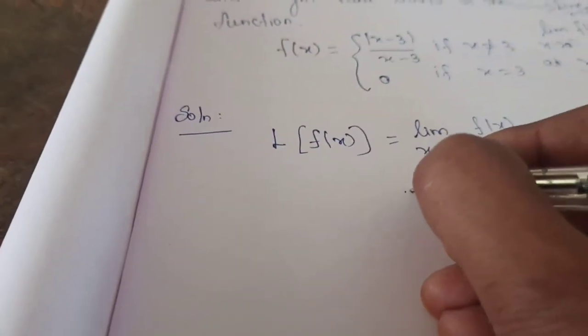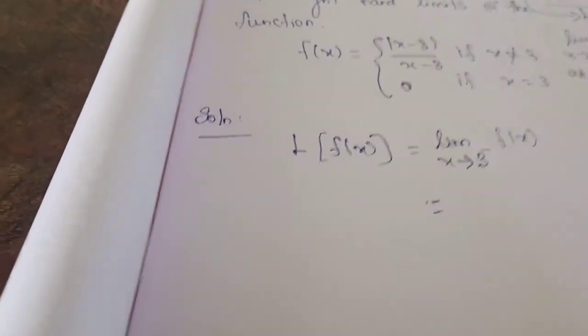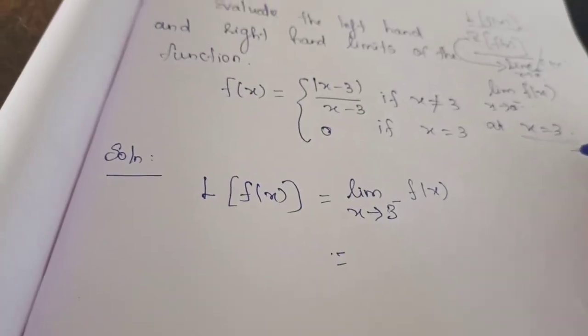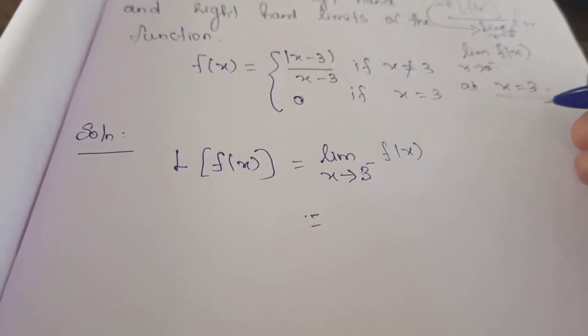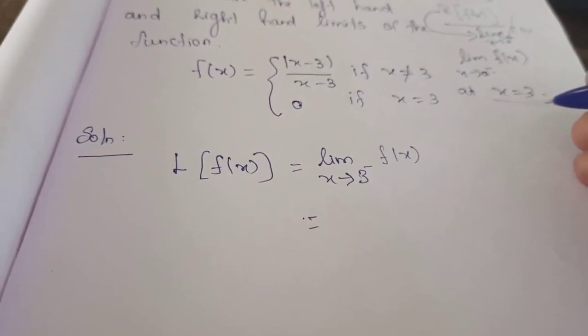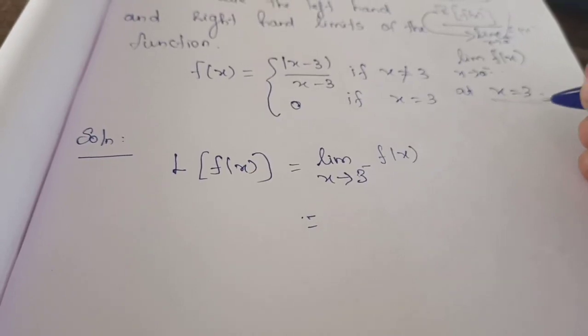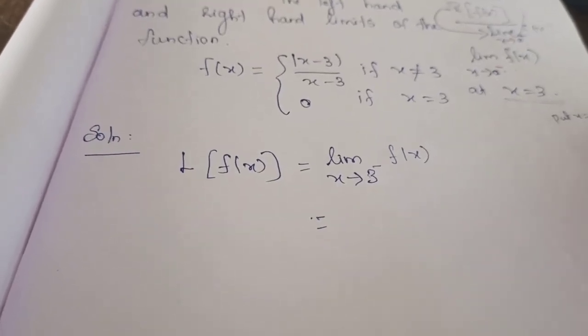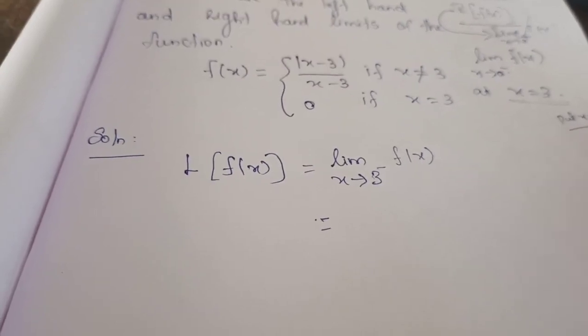Next step: when we read the algorithm, it is mentioned that we put x is equal to a minus h, where h is greater than 0.